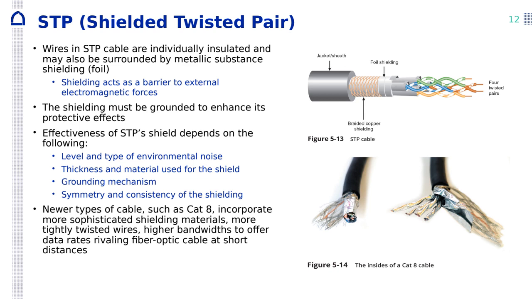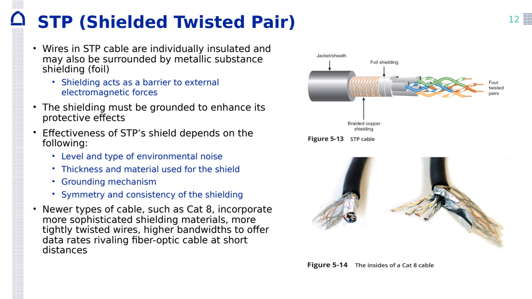But the shielding should be grounded, and the quality or effectiveness of the STP shield depends on the level and type of the environmental noise, thickness and material used for the shield, the grounding, whether it is done properly, and symmetry and consistency of the shielding. The shielding should be proper material, the same thickness all over the cable.